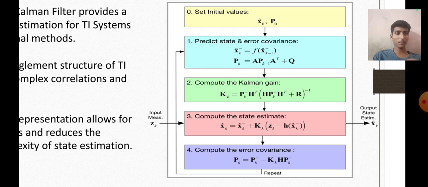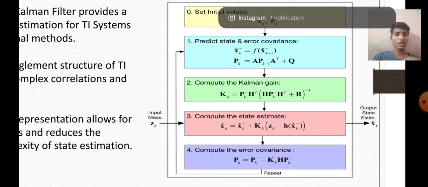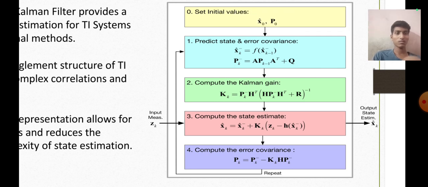Compute the state estimate: x̂_k = x_k^- + K_k (z_k - h(x_k^-)). Compute the error covariance: P_k = P_k^- - K_k H P_k^-.